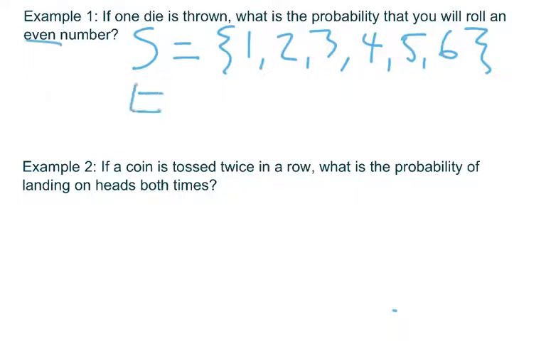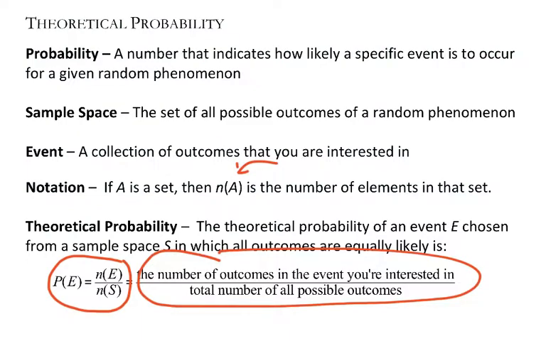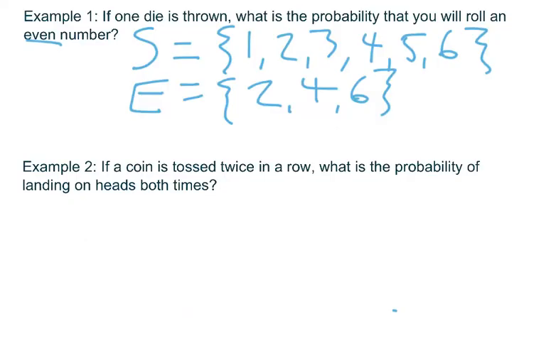The event of rolling an even number is 2, 4, 6. And according to the formula that we saw on the previous slide, the probability of the event is the number of outcomes in the event you're interested in divided by the total number of all possible outcomes. We're not looking at the outcomes themselves, but how many there are.